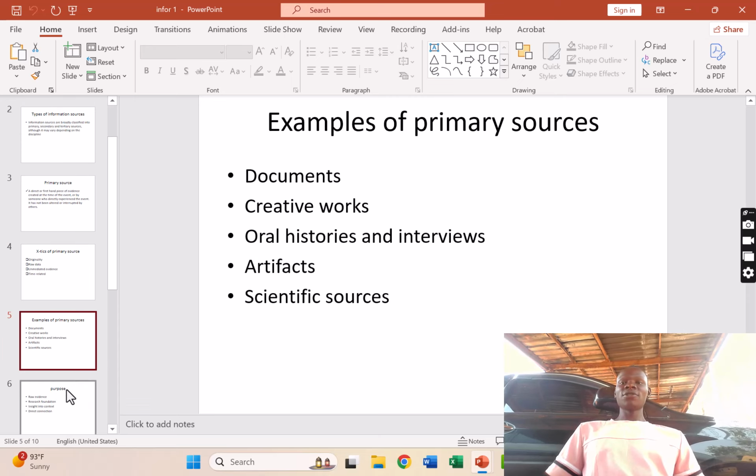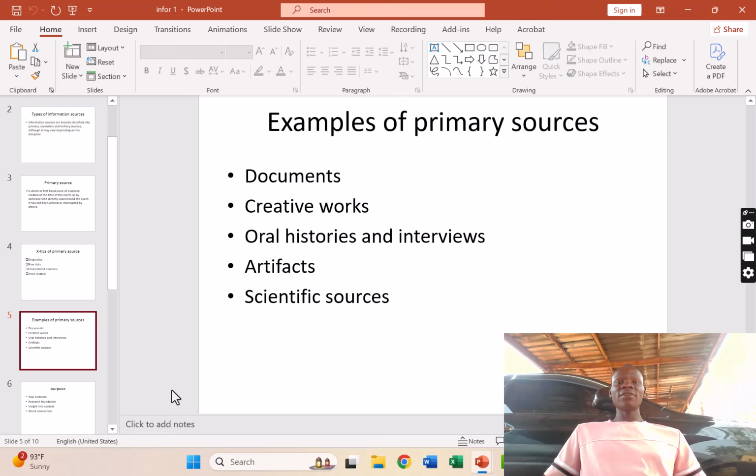We have the examples of primary source. Under examples of primary source, we have documents. Under documents, you may get historical documents, for example the USA Constitution, treaties or official records, like census data.